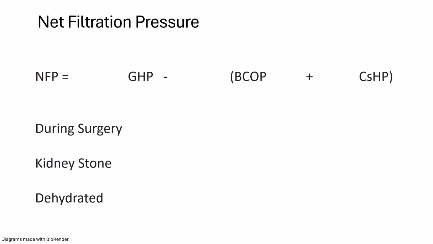Net filtration pressure is a concept that we've seen before, although you may not have realized it when we did it then. Of course, this was in the blood vessels section. Remember, fluids are always leaving capillary beds by way of filtration, but not all of that fluid gets reabsorbed on the venule side of the capillary bed, right?